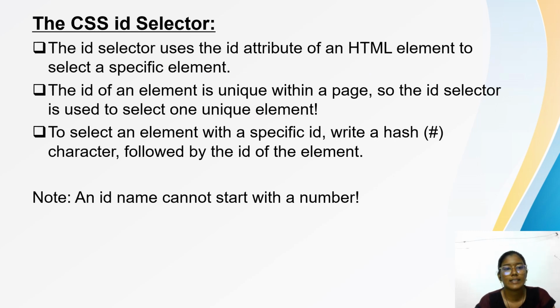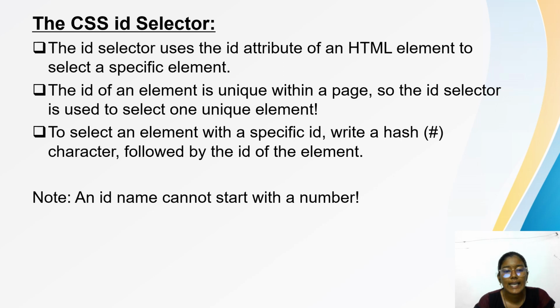The CSS ID selector. The ID selector uses the ID attribute of an HTML element to select a specific element. The ID of an element is unique within a page, so the ID selector is used to select one unique element. To select an element with a specific ID, write a hash character followed by the ID of the element.